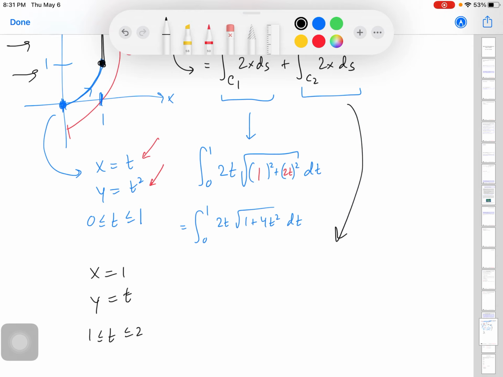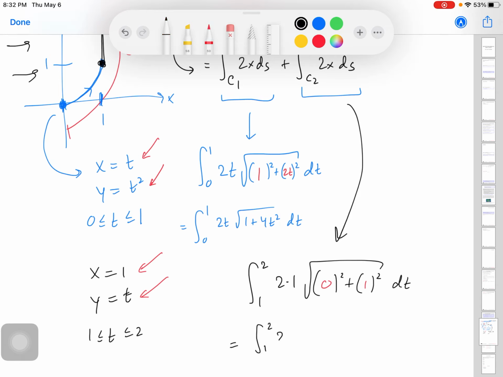So I'm going to write out this integral, the integral from 1 to 2 of 2x, which is just 2 times 1, multiplied by our usual square root of dx/dt squared plus dy/dt squared. So looking over here, dx/dt is 0. Looking over here, dy/dt is 1. So this one is particularly simple. I get the integral from 1 to 2 of 2 times the square root of 1, which is 1, dt.